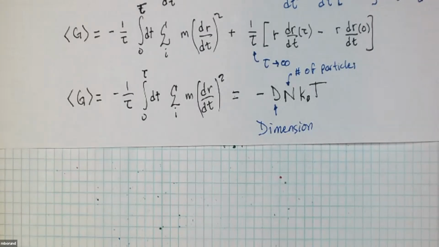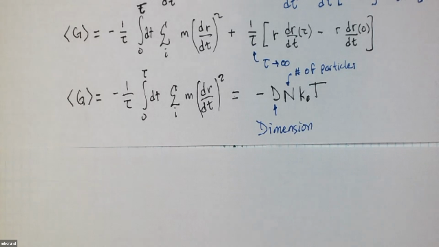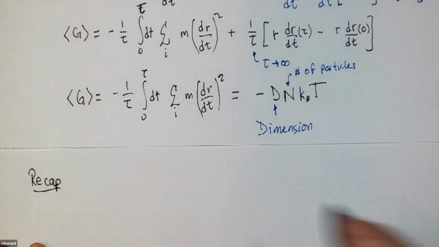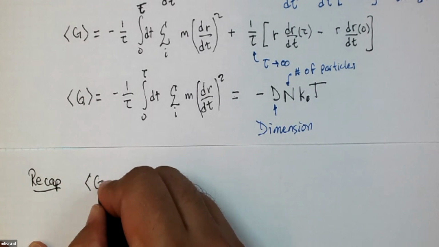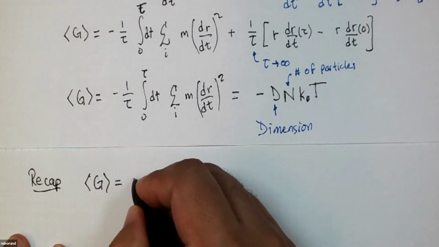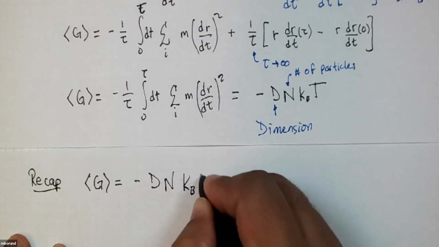So let's recap. We have that the average Gibbs free energy is equal to the negative of the dimensionality, N, kB and the thermal.